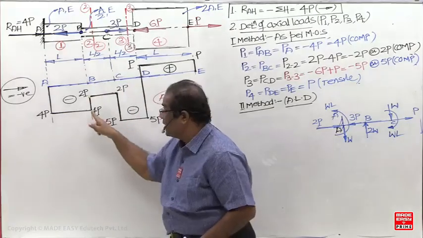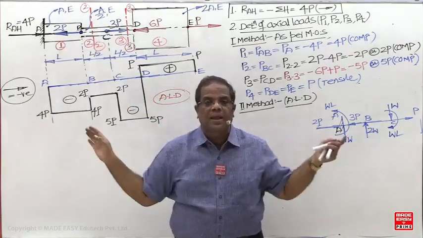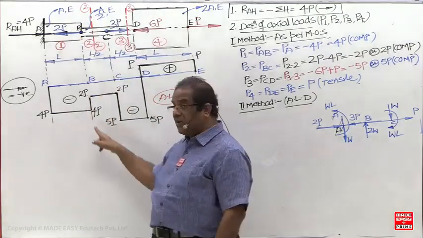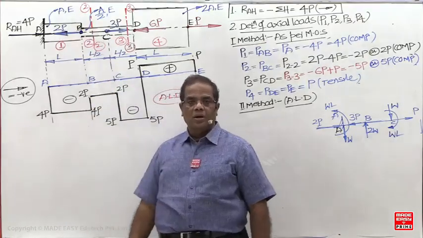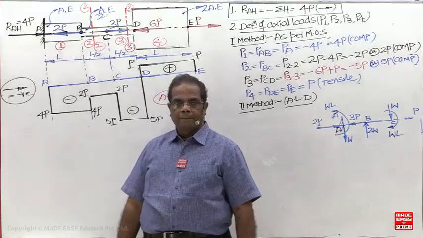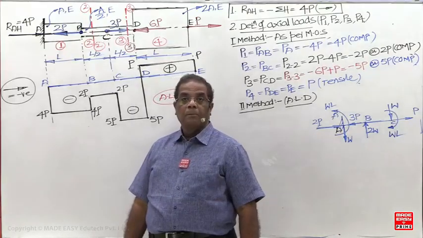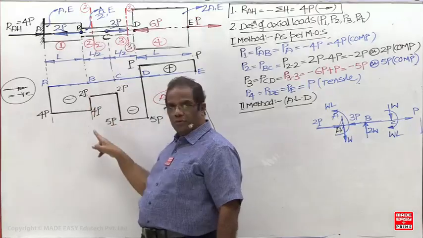This height will give what? The applied axial load. It will not give the axial load at B. This height gives the magnitude of the applied axial load. But what is the axial load at B? The larger of these values.